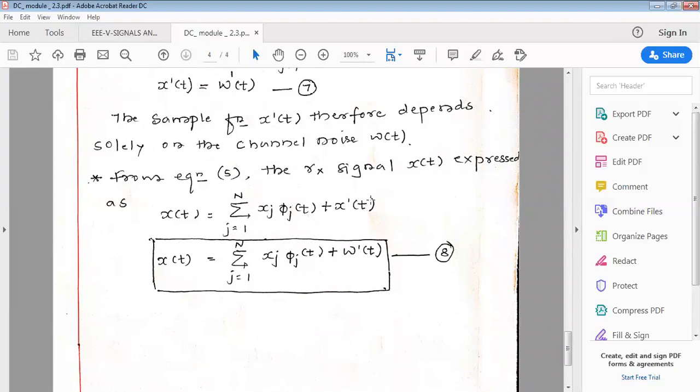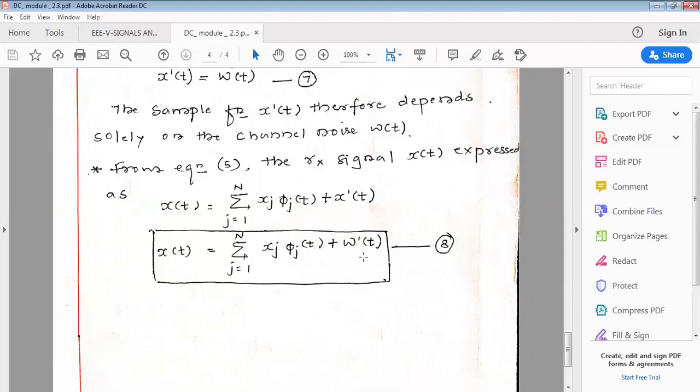And we know that this x dash of t is equal to w dash of t, which solely depends upon the noise function, that is w of t. So therefore the final equation, that is the output of the AWGN channel, x of t, is equal to summation j equal to 1 to n xj into phi j of t plus w dash of t.